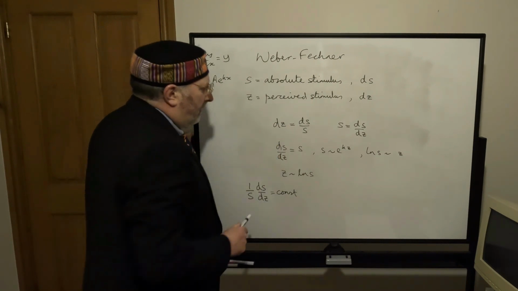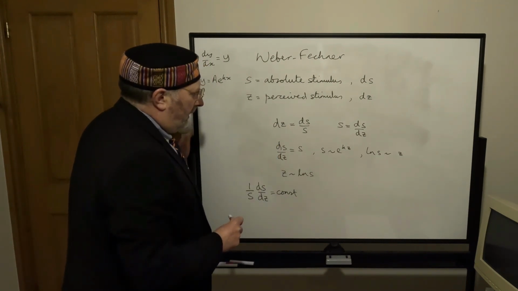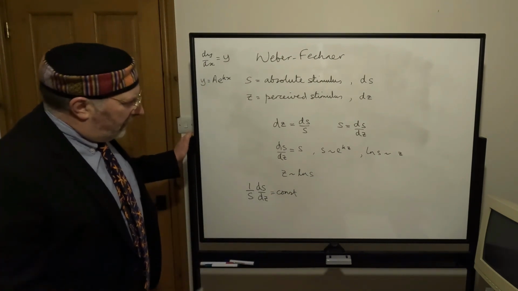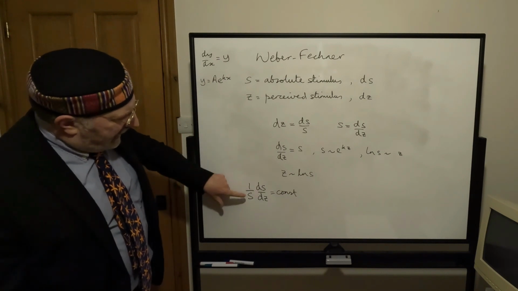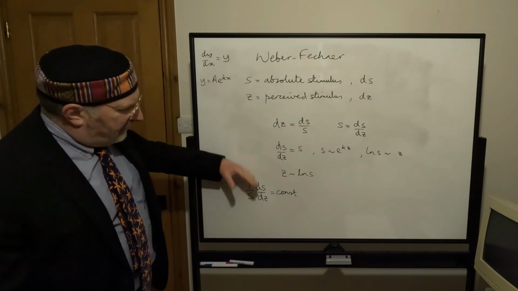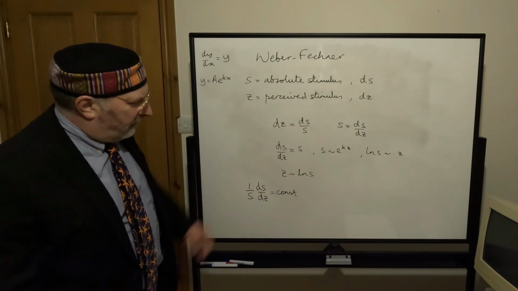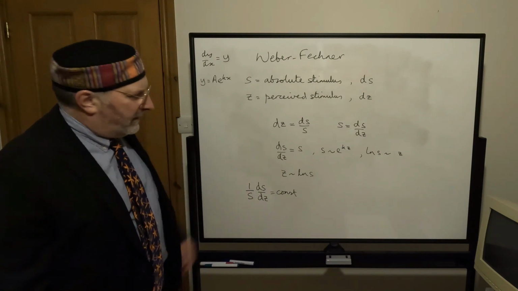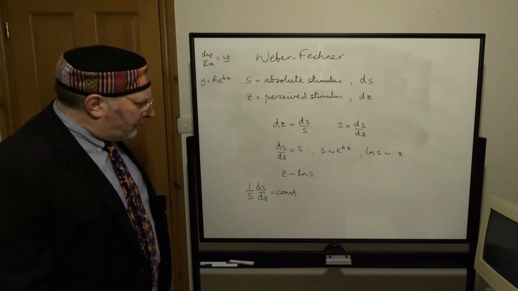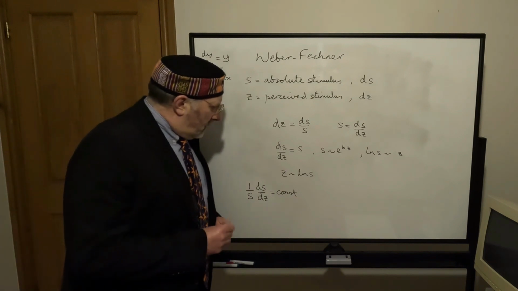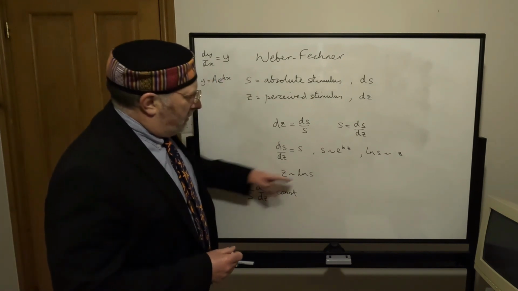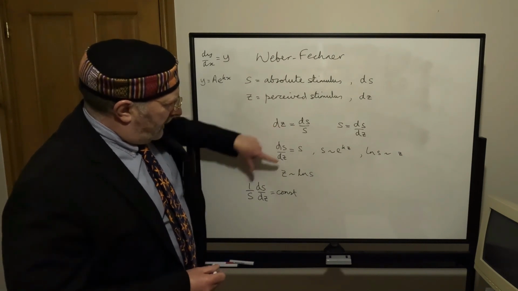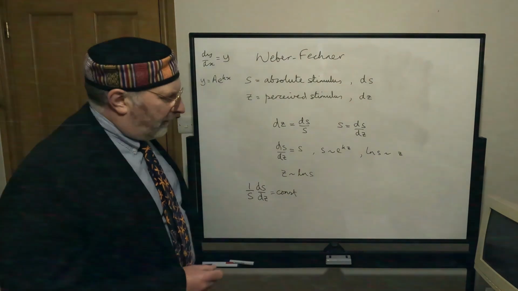If you rearrange that, it's saying that ds by dz over S is the proportional rate of increase in the stimulus with respect to z. So it becomes a percentage rate of increase with z. It just leads to the same thing, another way of writing this equation, taking the S down to the other side.